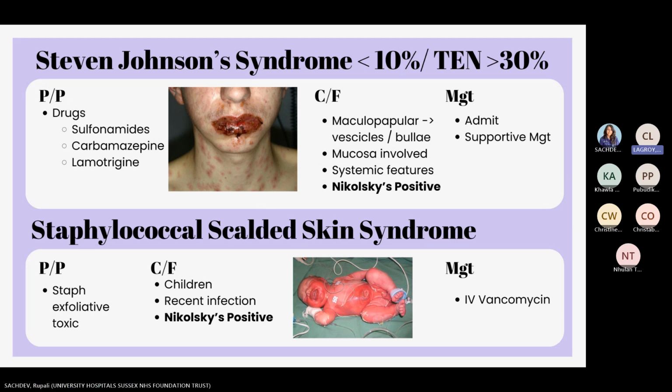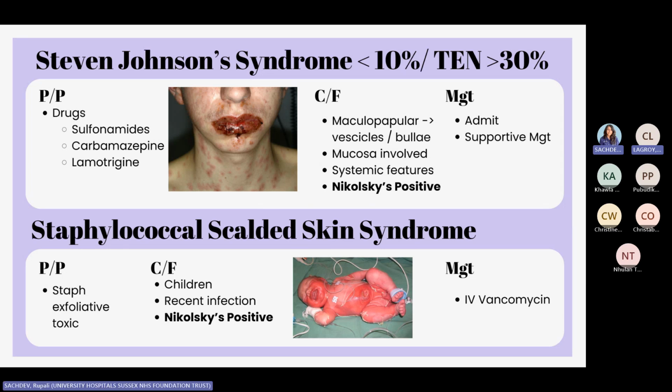Awesome. The pathophysiology, so it's drug induced, so medications such as sulfonamides, carbamazepine, and lamotrigine as well. You've got some others which are the anti-epileptics, so like phenytoin, and all of those would also be relevant. The clinical features, so you've got maculopapular, vesicle, or bulla.